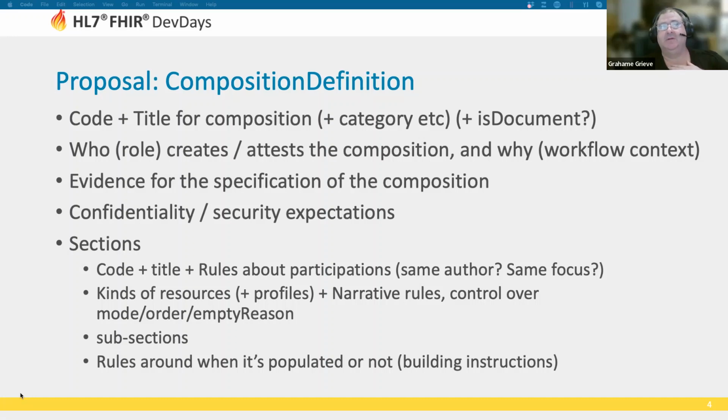The code and the title and the specific sections are overlapping with profile, in the same way the observation definition overlaps with an implied profile on observation. But it becomes different because you're actually moving into a different space and talking about the construction of the composition rather than just what's in it.